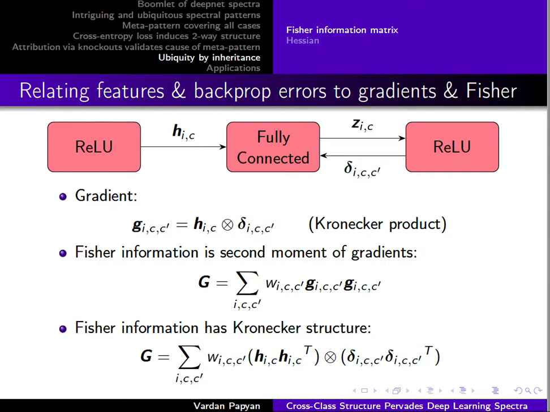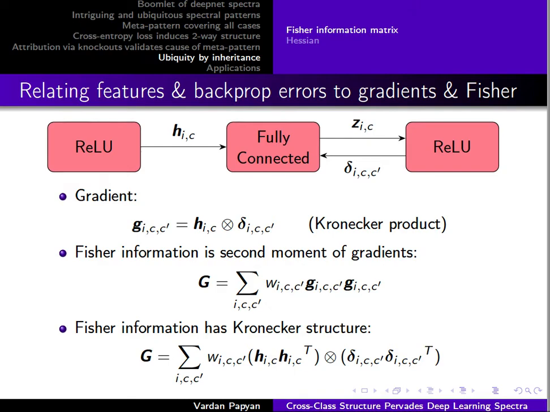So this fully connected layer obtains as input the features H and outputs the pre-activations Z. Now, the backpropagated errors are essentially the derivatives with respect to the output of the fully connected layer. It's very easy to show that the gradient of the loss with respect to the weights of the fully connected layer is simply equal to the Kronecker product of the features with the backpropagated errors.